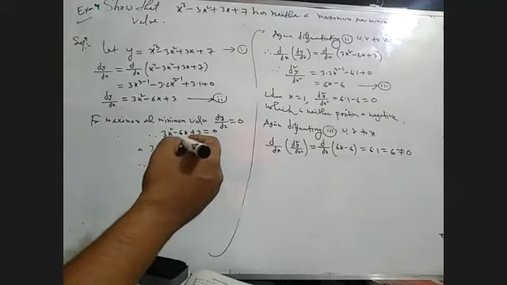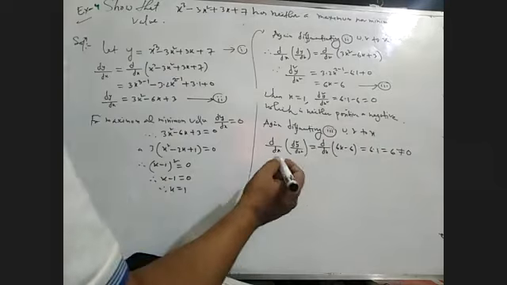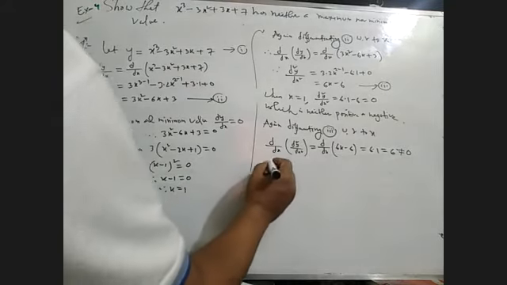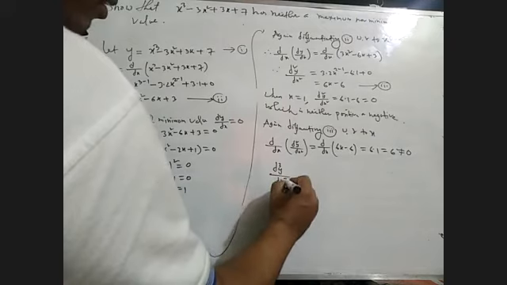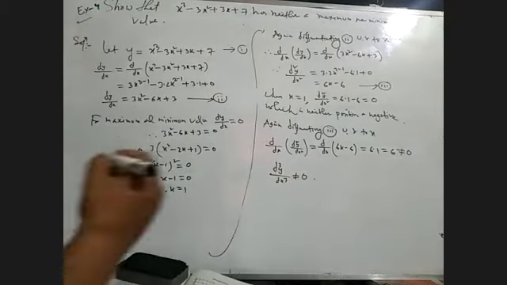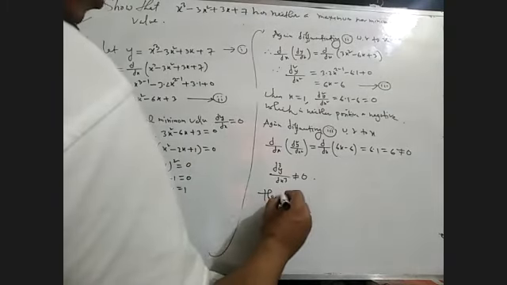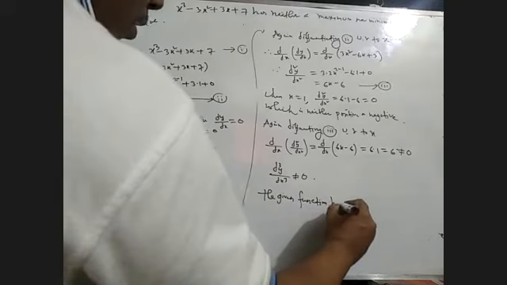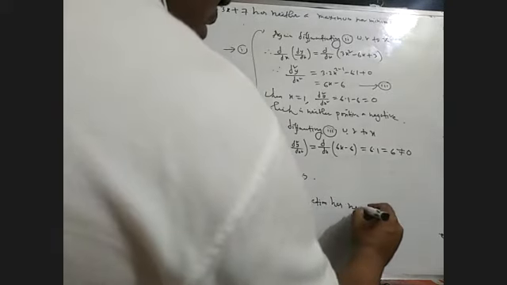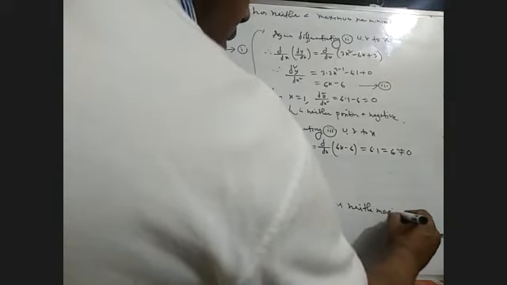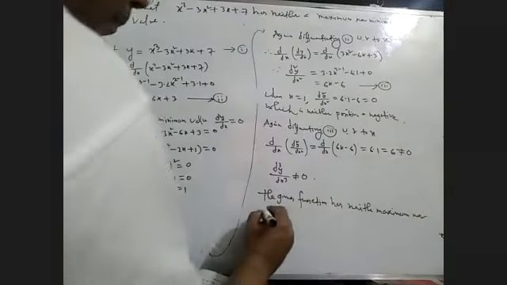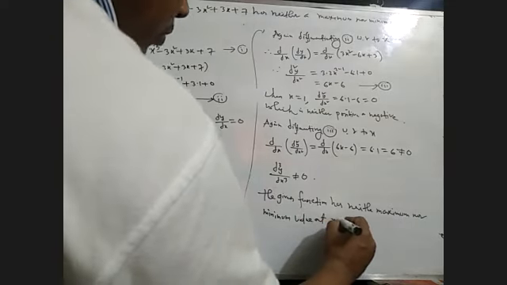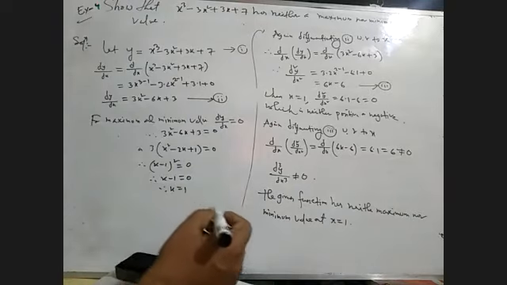If the third derivative is not equal to 0, that means d cube y by dx cube is not equal to 0, then we can conclude that the function has neither a maximum nor a minimum value at x equals 1. That means showed.